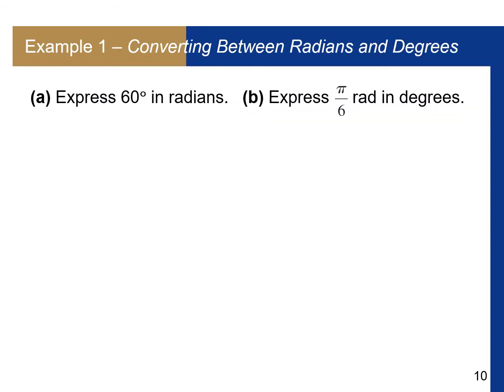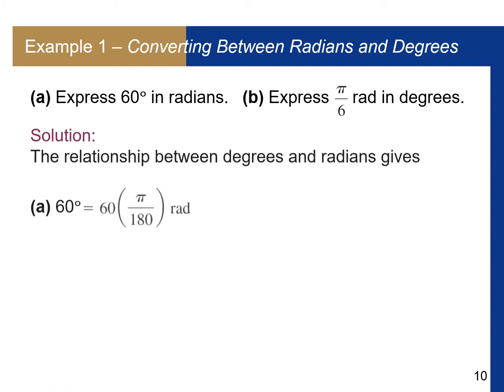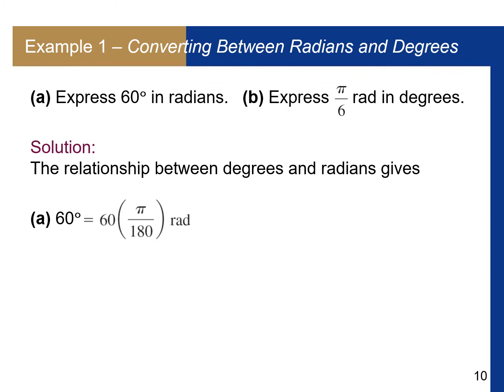Let's express 60 degrees in radians, and then let's express pi over 6 radians in degrees. To express 60 degrees in radians, you're going to multiply by pi over 180. When you do that, 60 will reduce once over 180, which is 3. So then the radians are just 1/3 pi, or pi over 3.